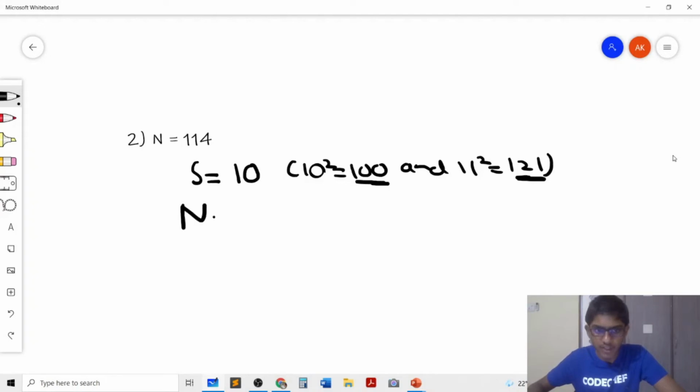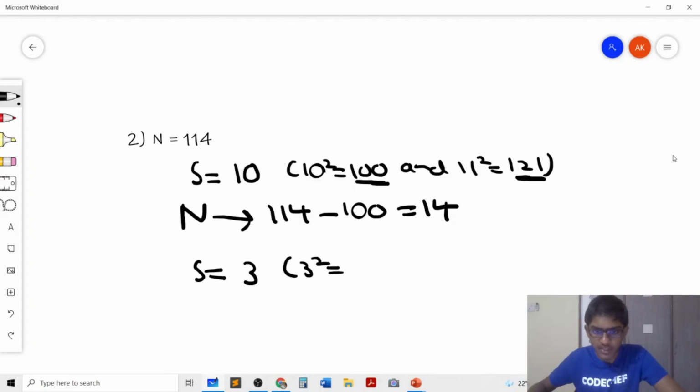So our value of n will become 114 minus 100, which is 14. Then in the second step, our value of s will be 3 because 3 squared is 9, which is less than 14, and 4 squared is 16, which is greater than 14.